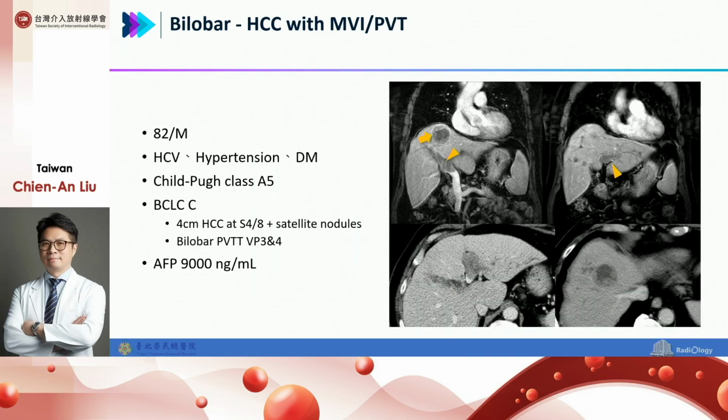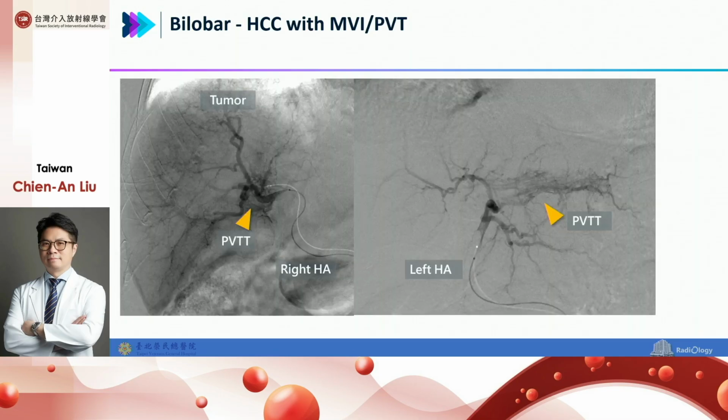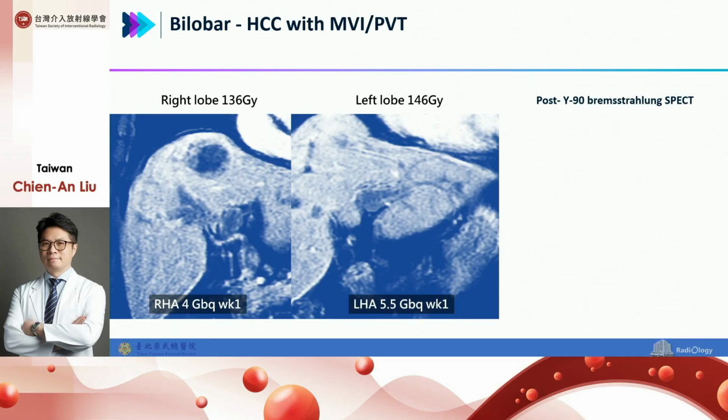So this is, I think, maybe the last case. It's the bilobar infiltrative tumor into bilateral portal vein, VP3 or even VP4 invasions. You can find the Schlechten sign beautifully on both sides. In this case, we use 4 GBq to the right and 5 GBq to the left.